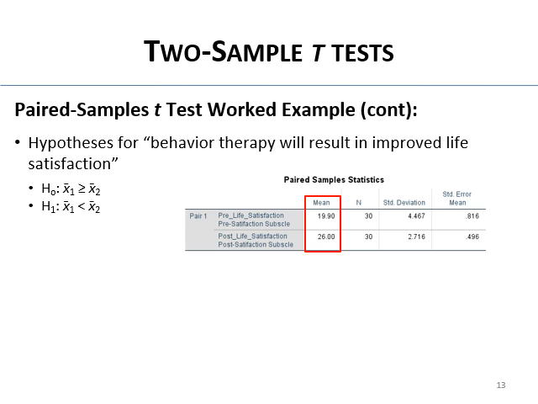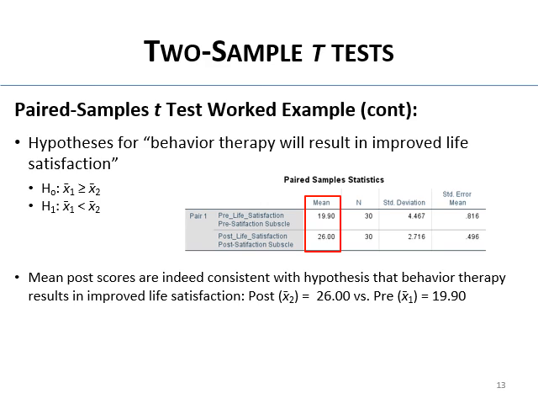There's our means, and you can see that at the start, pre-therapy, their average life satisfaction was 19.90. After they got their life satisfaction training, it was 26. So it went up, what is that? 6.1 points. So the mean scores are indeed consistent with the hypothesis that behavior therapy resulted in improved life satisfaction, right?